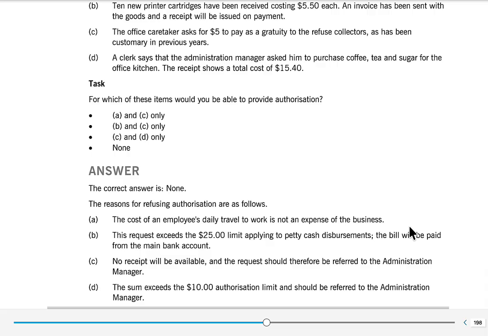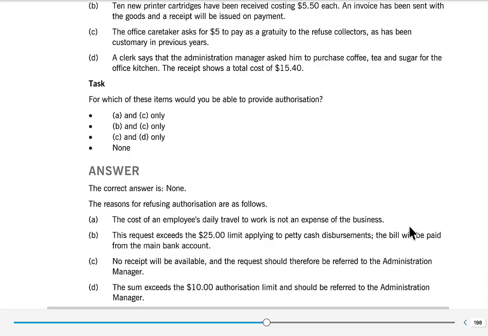C. The caretaker asks for $5 as a gratuity to the refuse collectors. A gratuity means a tip. The amount is only $5, so the amount is not the problem. Now we check the evidence rule. Do we have a receipt for this payment? No. A tip usually has no receipt. And when there is no receipt, the petty cashier should not approve it alone because it can easily be abused.